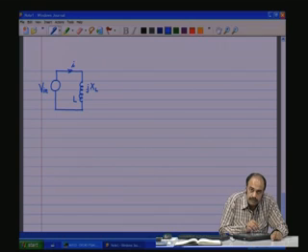And also, if you see from the jXL term, the voltage across the inductance is going to be multiplied by j, that is jXL into I, that is the voltage across the inductance, which is the applied voltage. So, there is going to be a rotation of 90 degrees for the voltage.